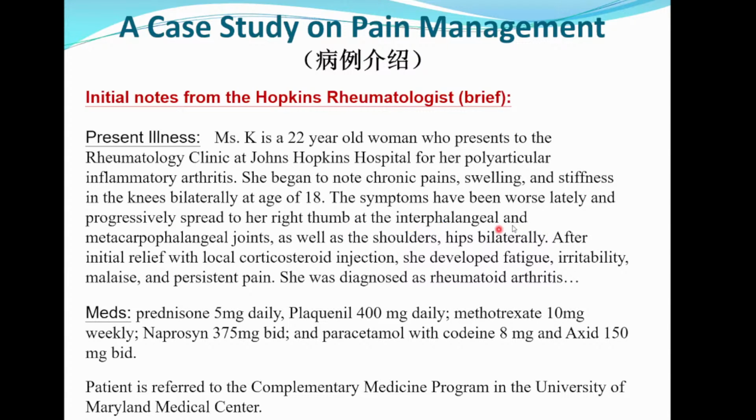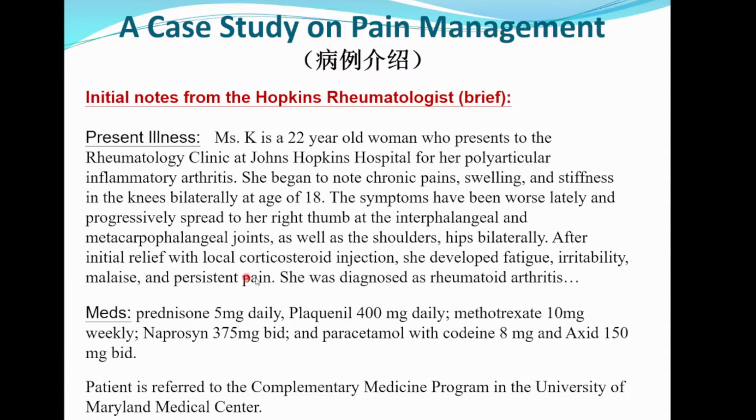The symptoms have been worse lately and progressively spread to her right thumb at the interphalangeal and metacarpophalangeal joints, as well as the shoulders and hips bilaterally. So you can see multiple joints are involved, and she has been suffering from pain for four years.